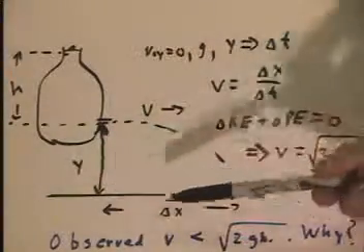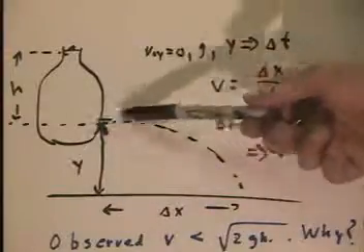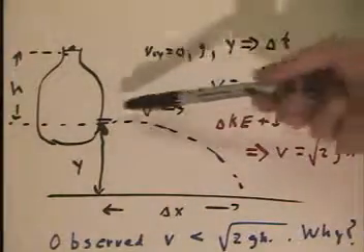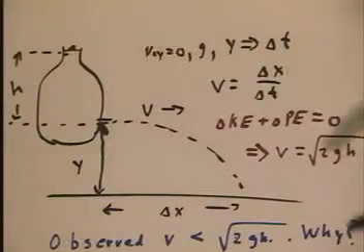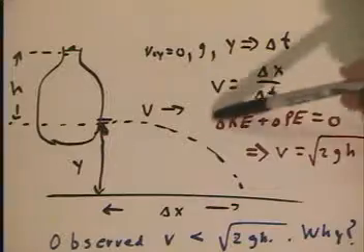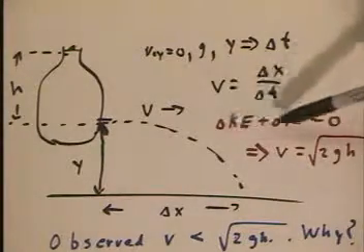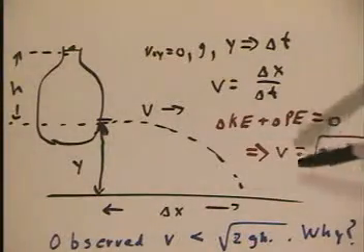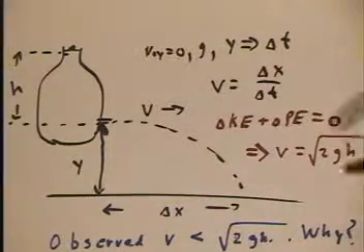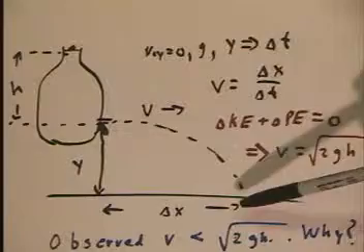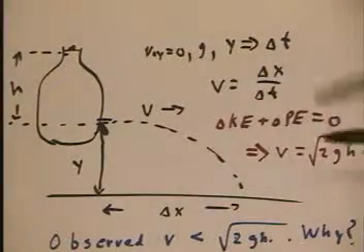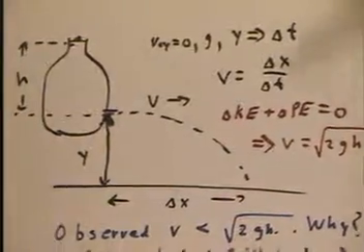From y we can find how long it takes to fall. From the range then we can find the velocity. The velocity of the exiting water will be delta x over delta t. And we're going to test whether this hypothesis is true. Delta KE plus delta P equals 0, of course, implies the velocity is the square root of 2gh. We're going to measure the velocity by measuring the range and the height, and then compare that with the ideal square root of 2gh.